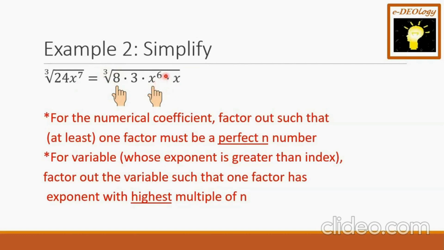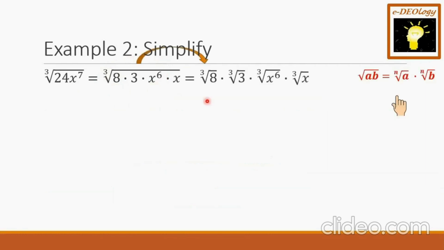So the power 6 here is the highest multiple of the index 3. Next, we're going to split the radical into each factor of our radicand. So we have now the cube root of 8 times the cube root of 3 times the cube root of x raised to 6 times the cube root of x.